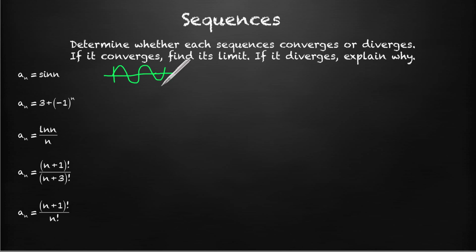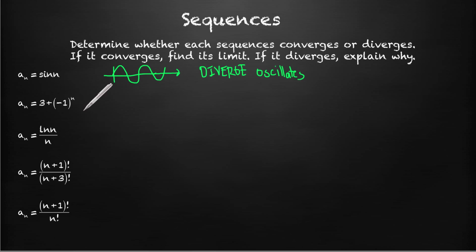And so as the angle approaches infinity, the value of the sine function does not approach a particular value. It just oscillates between 1 and -1. So this is going to diverge, and the reason is because it oscillates. So you will say it oscillates and it diverges.